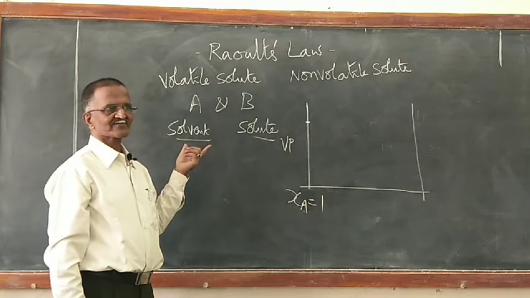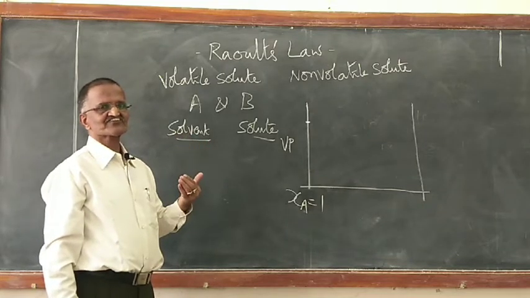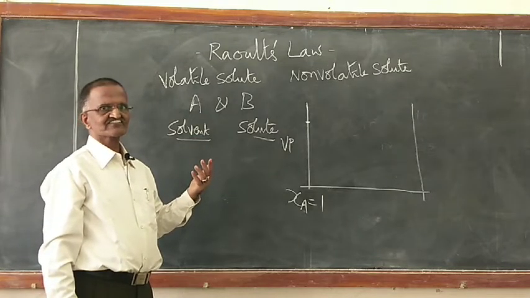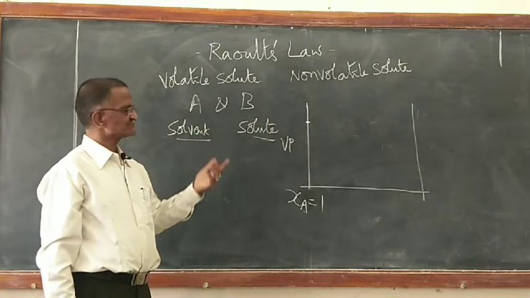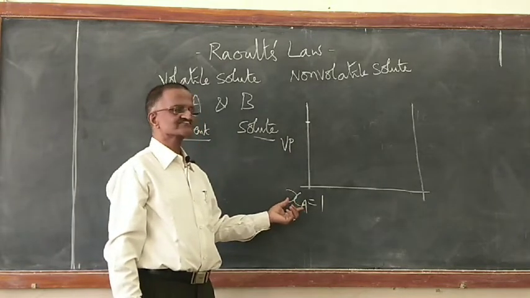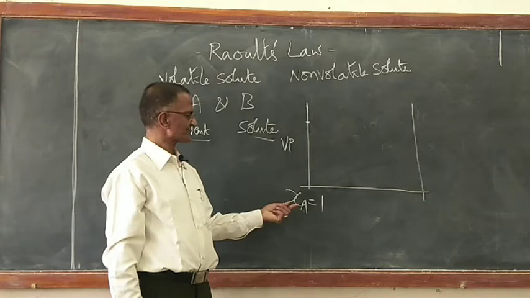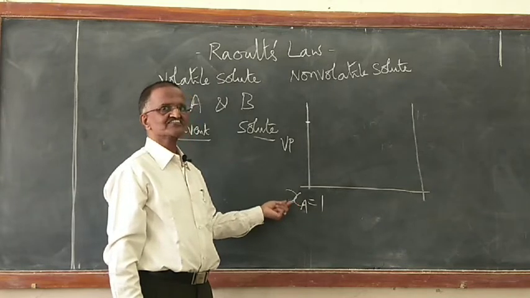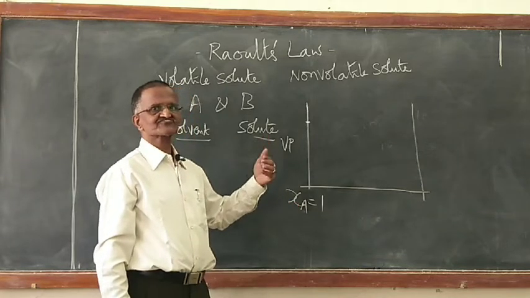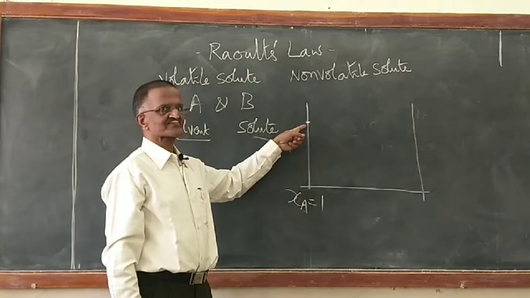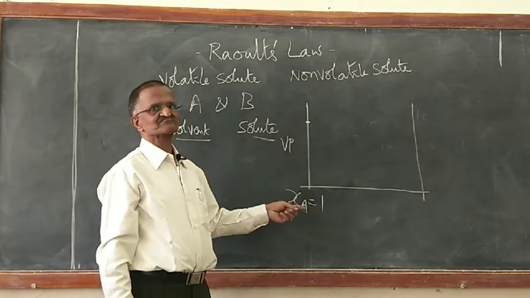We understood that as the mole fraction of a component increases in a solution, vapor pressure goes on increasing. But we started with only solvent and now we are adding B. So the mole fraction of A in the solution goes on decreasing. As it goes on decreasing, the vapor pressure will go on decreasing.